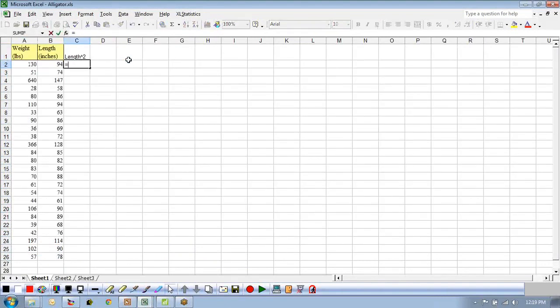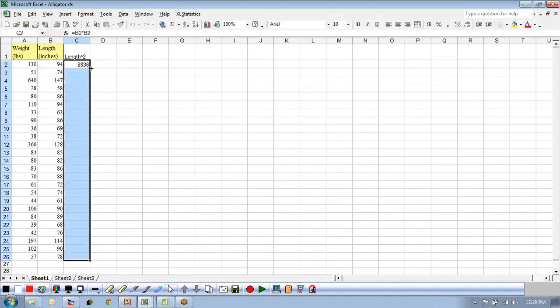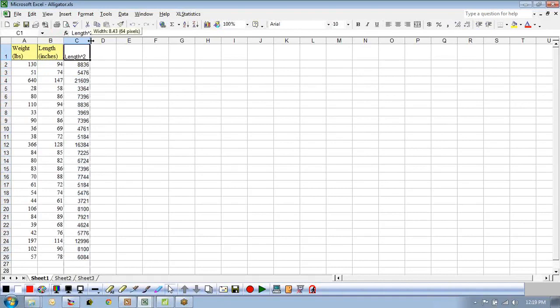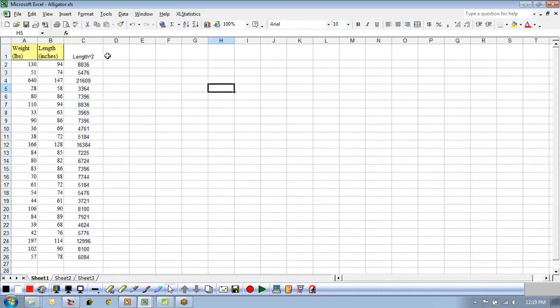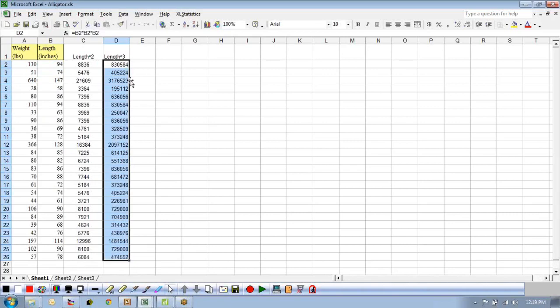And that's simply equal to the length times itself. And we'll do the length cubed, which is equal to the length times itself twice. There we go. That's the length cubed.